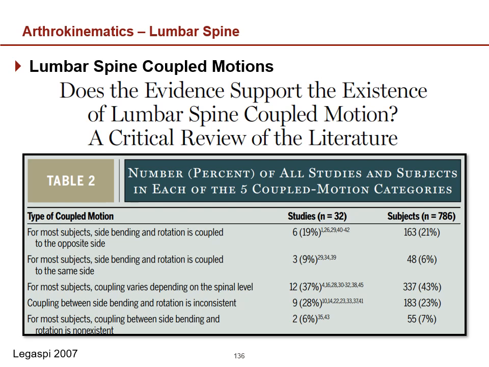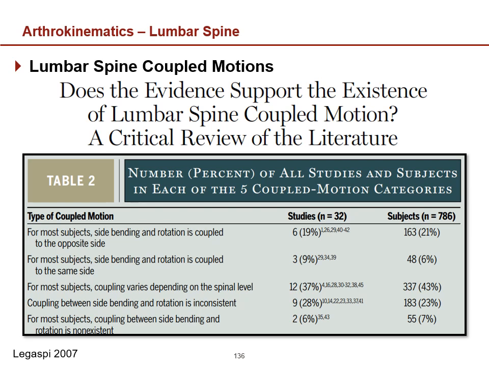So coupled motion and side bending is inconsistent. On average, it's inconsistent between 28% of the studies and 23% of the subjects. For the most part, we can say that depending on now if we're talking not about the same level, but about adjacent levels of the spine, and that might be dependent.